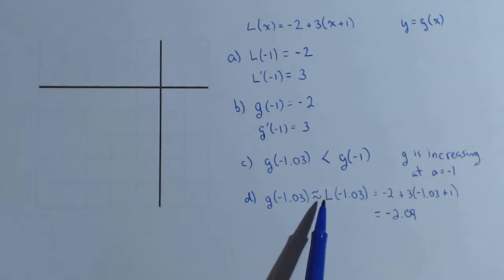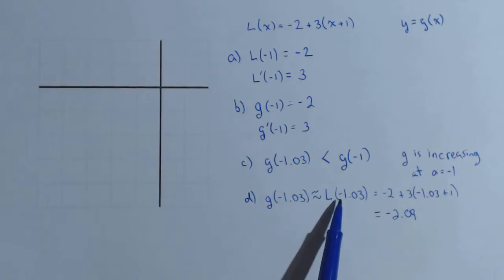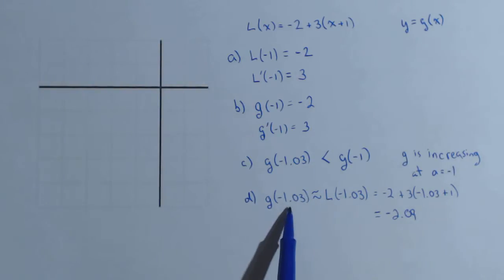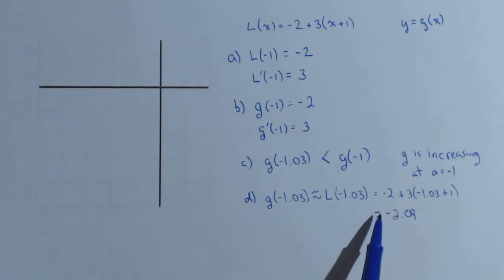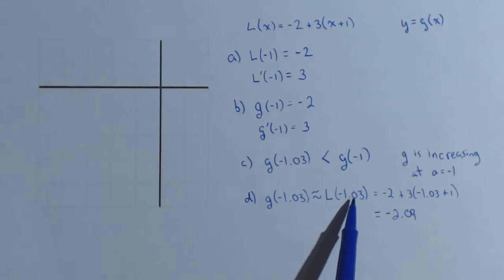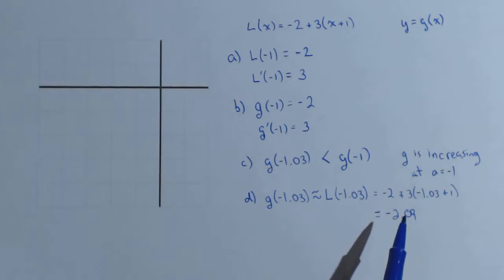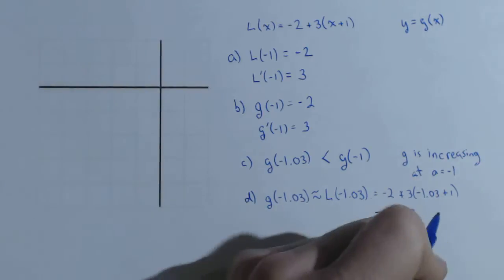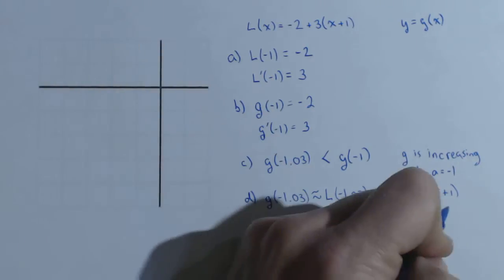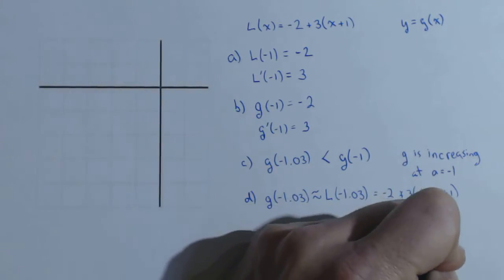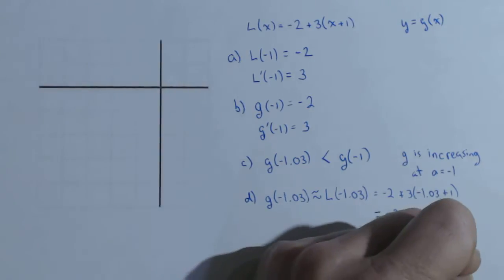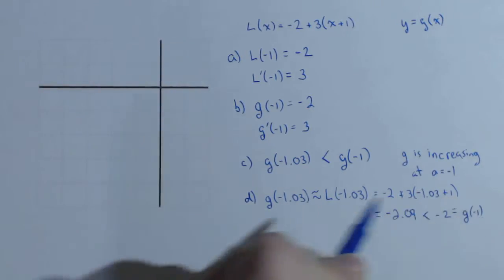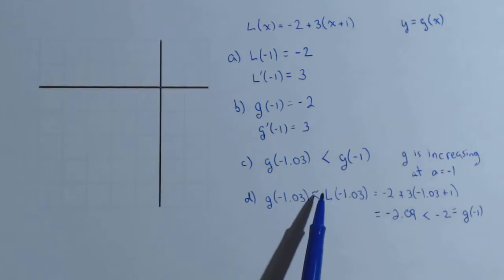Notice here I use the squiggly equals because this is an approximation of the function value. But here I just use regular equals because L of -1.03 is equal to this exactly, which is exactly equal to -2.09. And notice what we find. -2.09 is smaller than -2, which was our g of -1, which is what we were asked in part C. So we're verifying what we saw in part C.